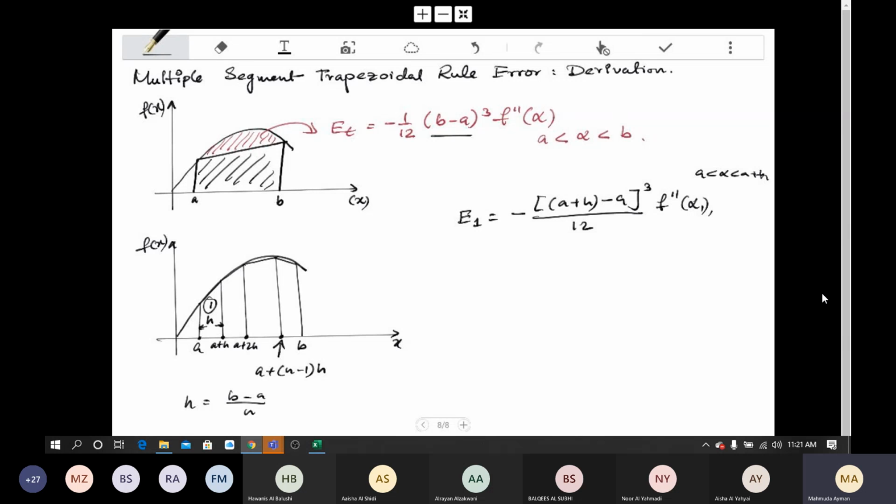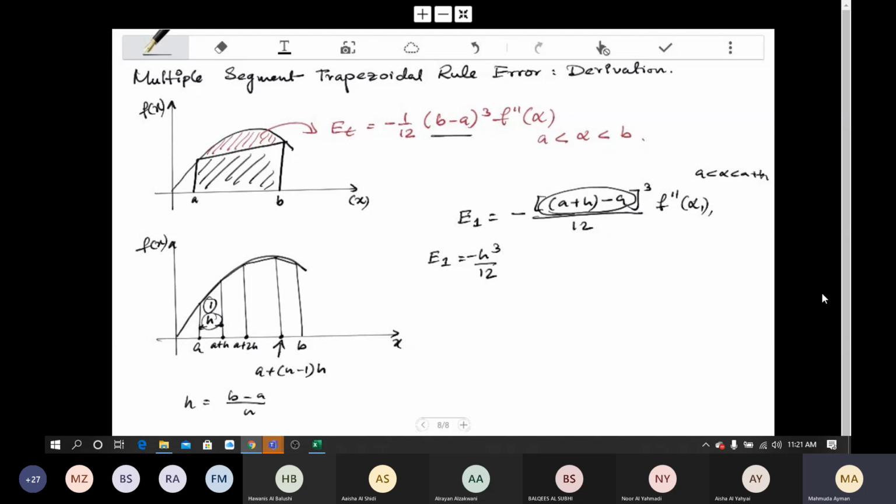Now, if we rewrite this, we know that the distance (a plus h minus a) is h, right? So this distance here is h. So h is cubed, divided by 12, with a minus sign.